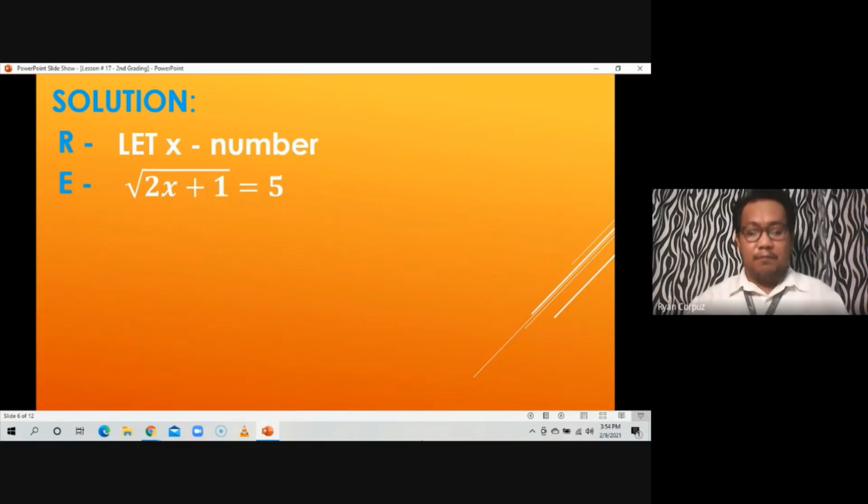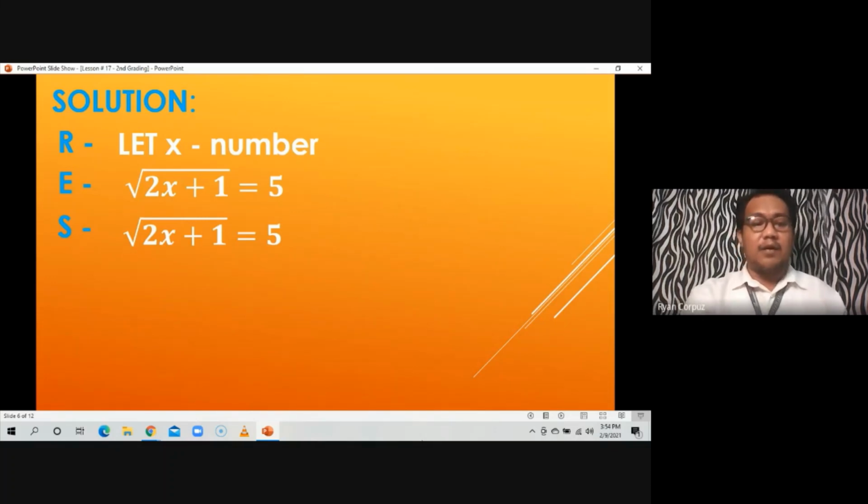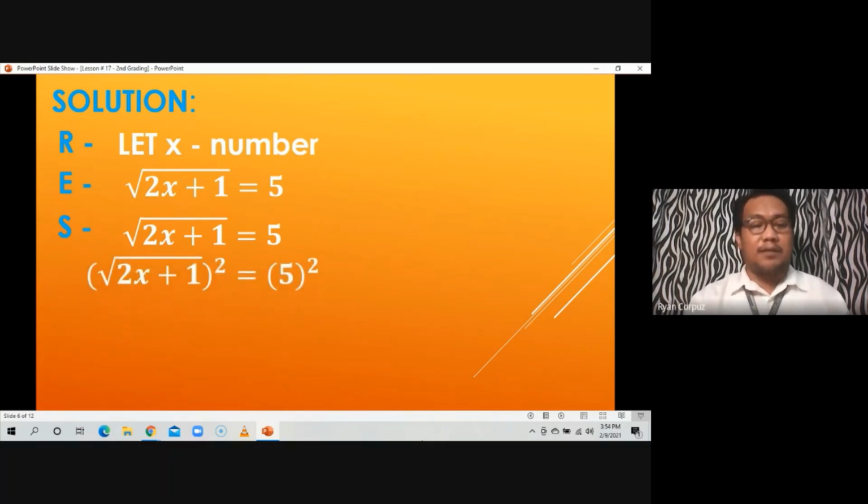Then from there, since we already have the radical equation, it's time now that we are going to solve the equation. So the given equation is again the square root of 2x plus 1 is equal to 5. Since it was already arranged in the right form, we can right away proceed on removing the radical sign by raising both sides of the equation by the power same as the index.